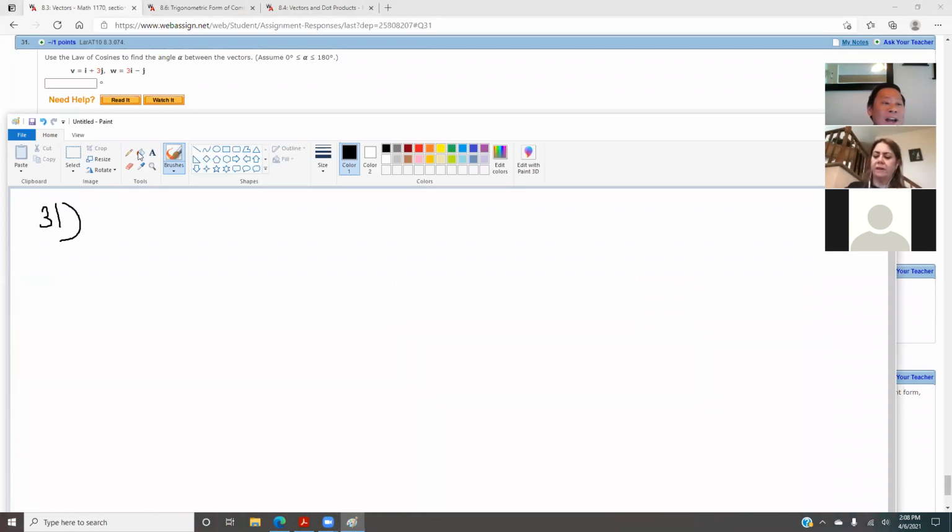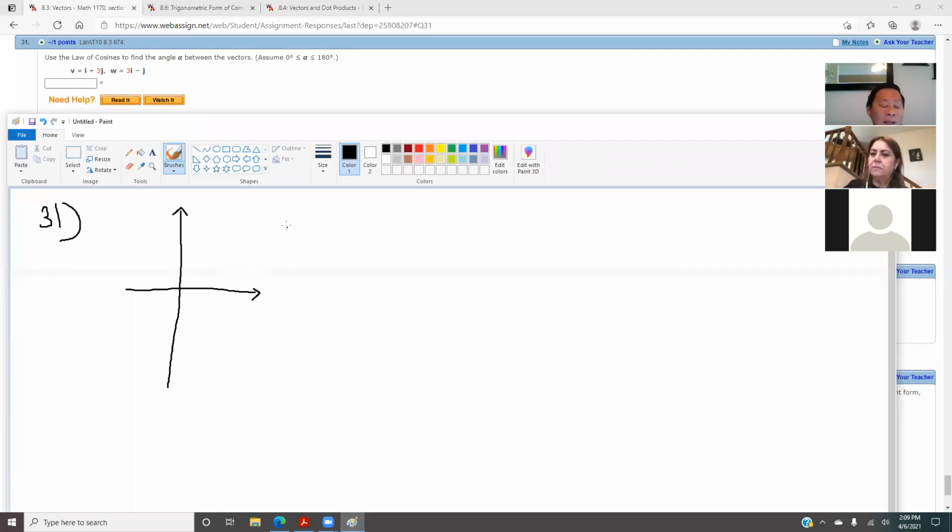This question asks us to use the law of cosines to figure out this angle alpha, which is between 0 and 180 degrees, where vector v is i plus 3j and vector w is 3i minus j. A vector corresponds to two important things, the direction and the magnitude.